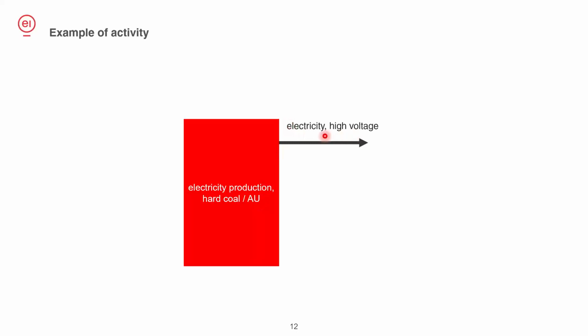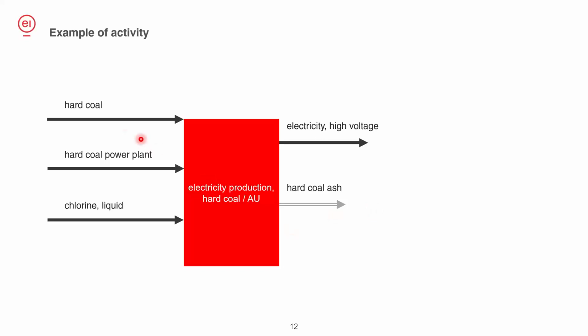This has a reference product of electricity, high voltage. In addition, it produces as a byproduct hard coal ash. The activity has some inputs from the environment, such as hard coal, the infrastructure needed, and also some other products. It also has some emissions of CO2.